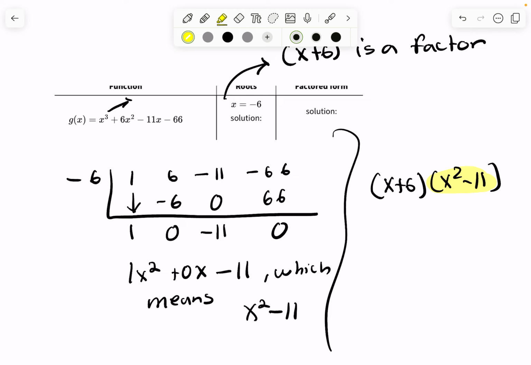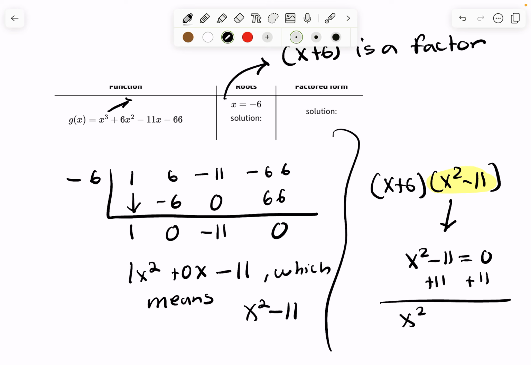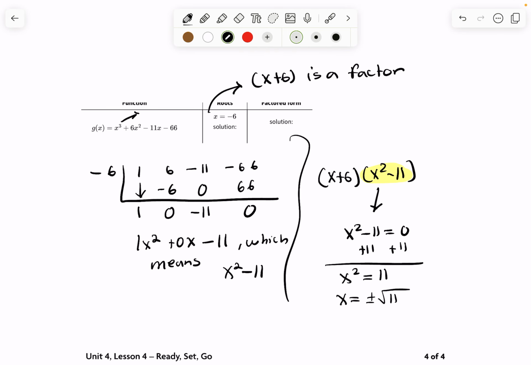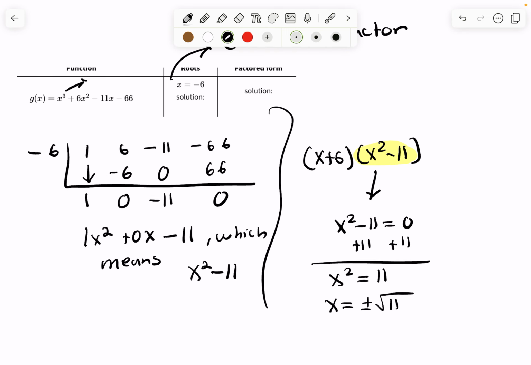So there's 2 ways to proceed. I can take this and set it equal to 0. So if I add 11, I get 11. And then I take the square roots, and you get a plus or minus root 11. So our roots will be square root of 11 and negative square root of 11.